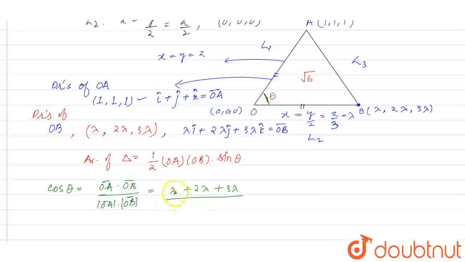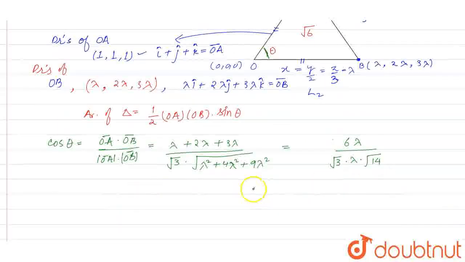The modulus of OA vector is √(1² + 1² + 1²) = √3. The modulus of OB vector is √(lambda² + 4 lambda² + 9 lambda²). So we get 6 lambda divided by √3 times lambda times √14, so cos theta is equal to 6/√42.